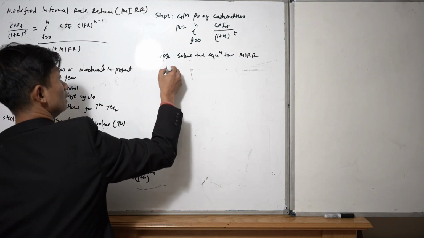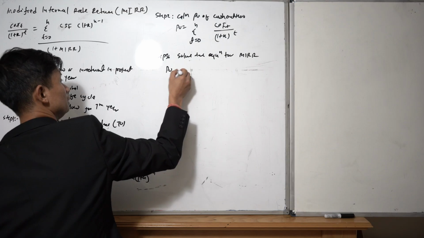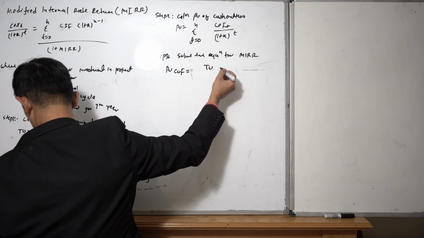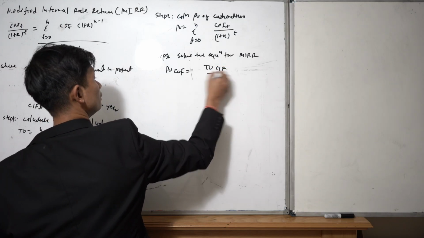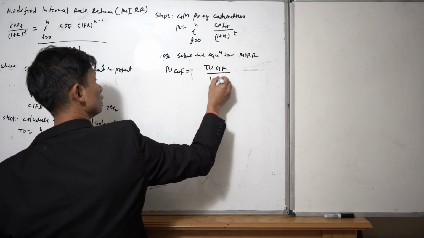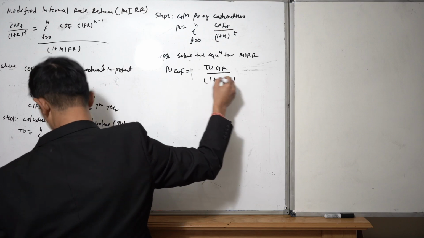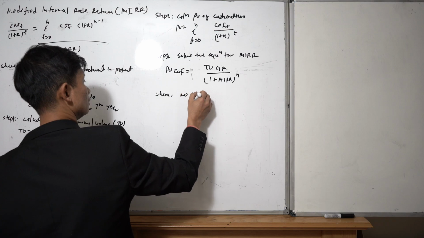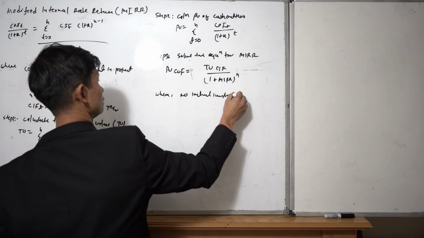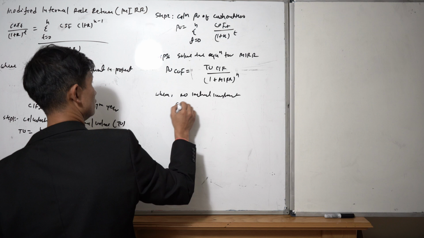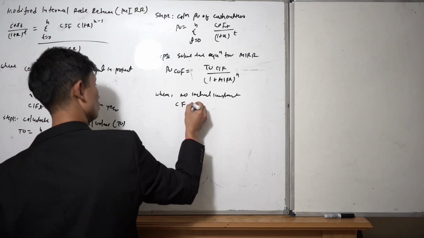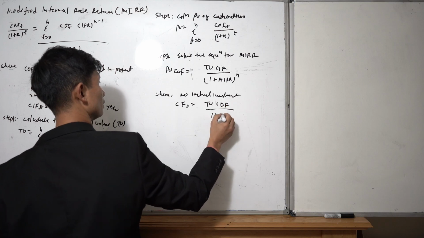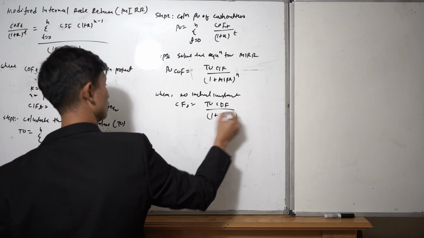That means present value of COF is equal to terminal value of CIF divided by 1 plus MIRR power n. With no initial investment, then we get COF is equal to TV of CIF divided by 1 plus MIRR power n.